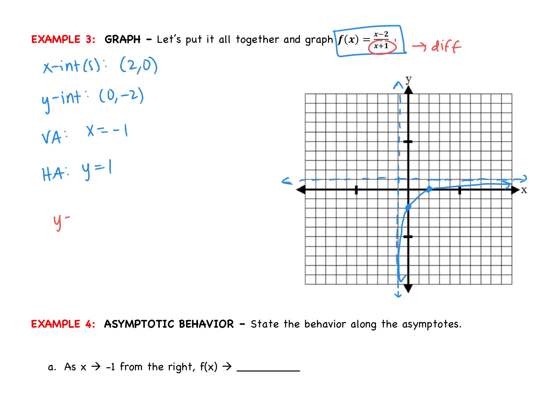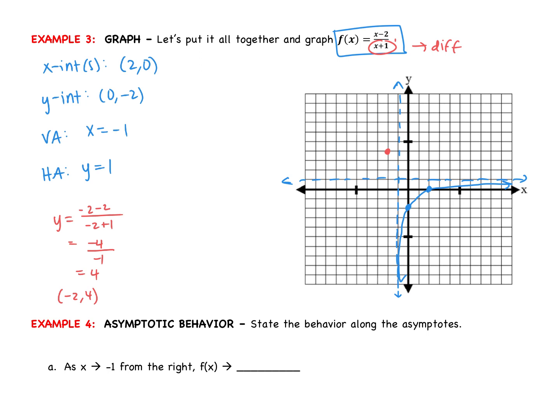If we plug in -2, we get -2 subtract 2, over -2 plus 1. So that'll give us -4 over -1, which is 4. So that is the point -2, comma 4. If we plot that, -2, comma 4, that's a point right up here, which checks out with what we said.